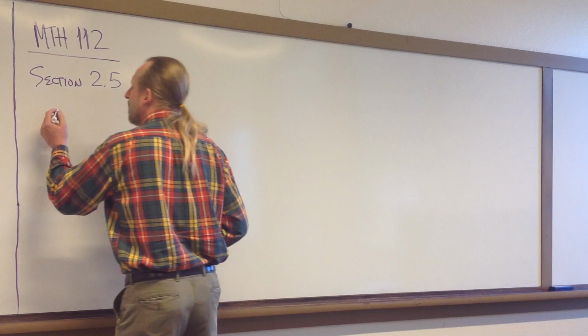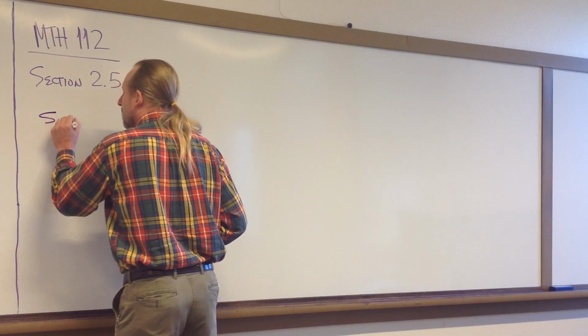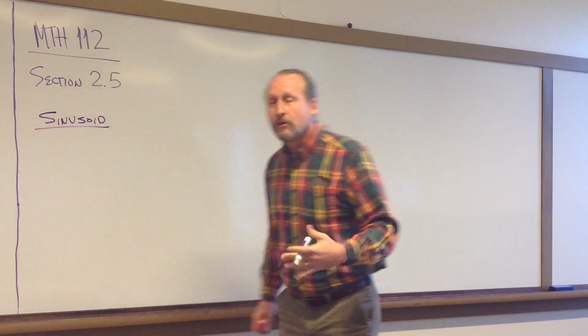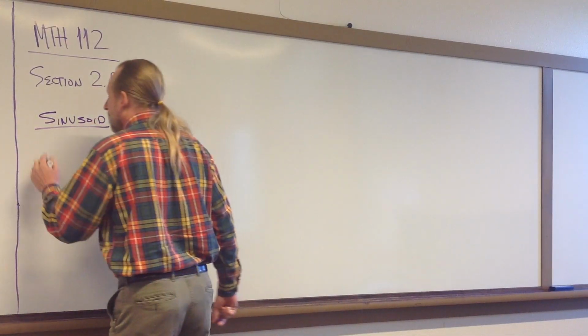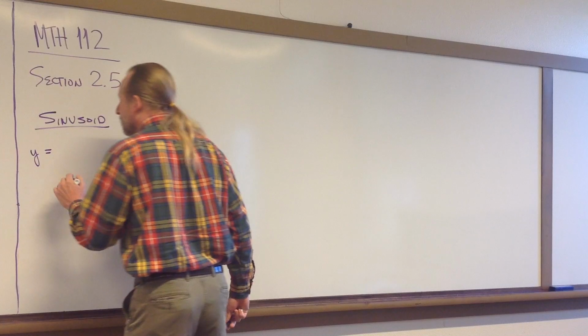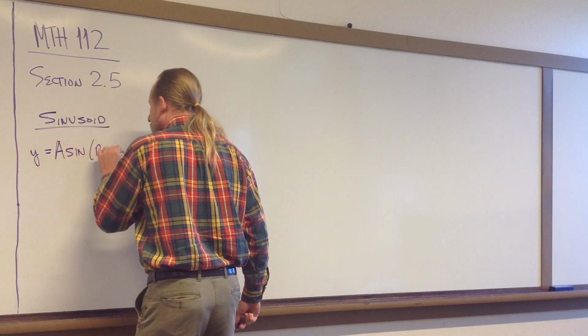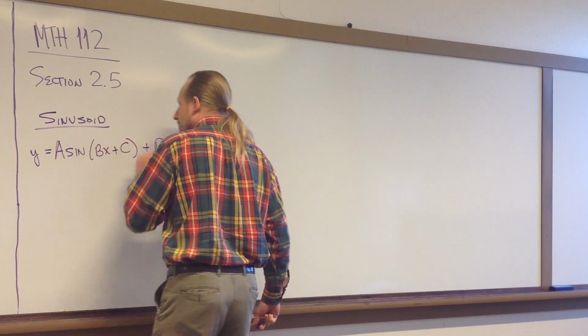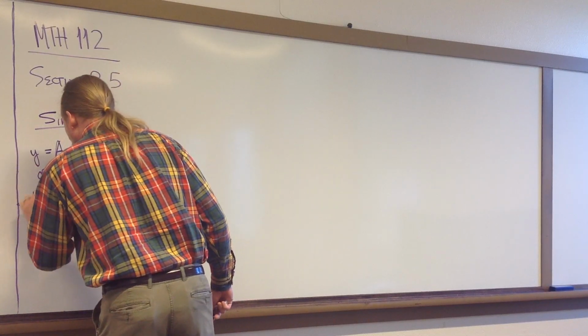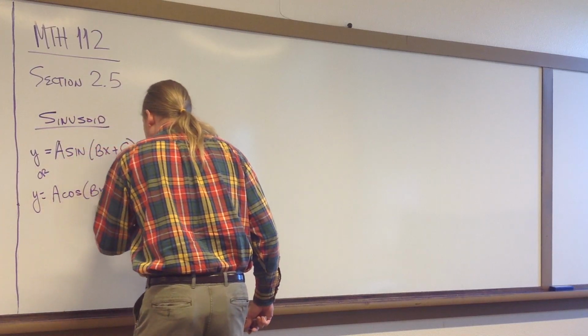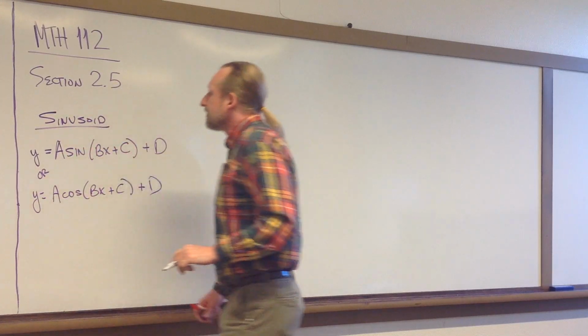The word sinusoid, if I use that from time to time, refers to either a sine or a cosine graph. They have similar shapes. A sine (bx plus c) plus d, or a cosine (bx plus c) plus d.